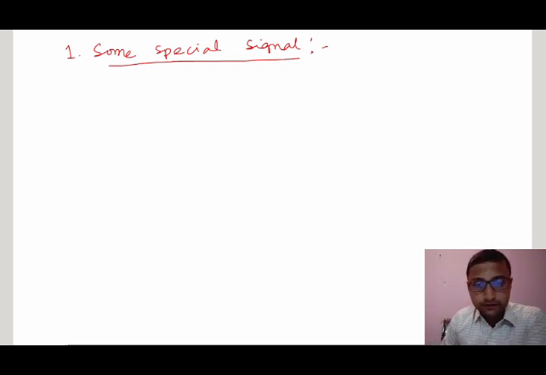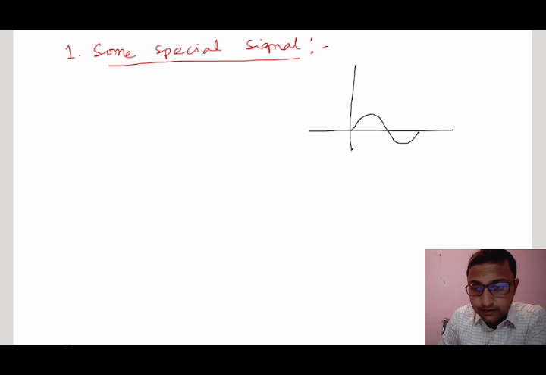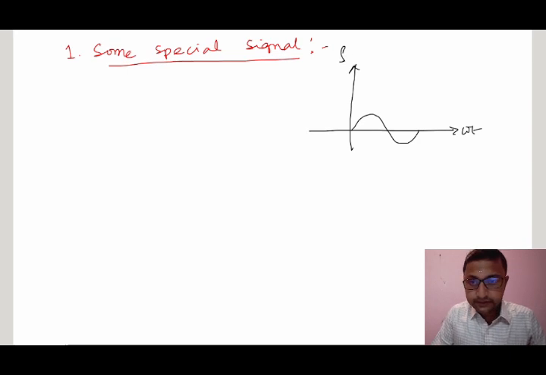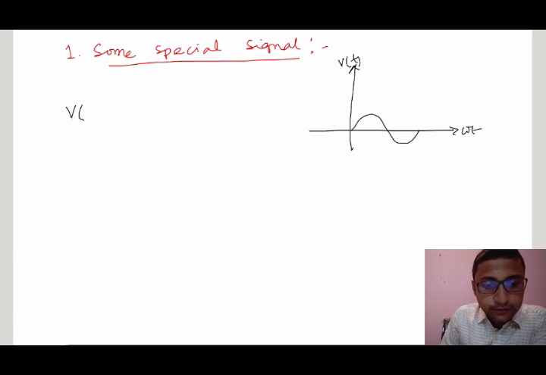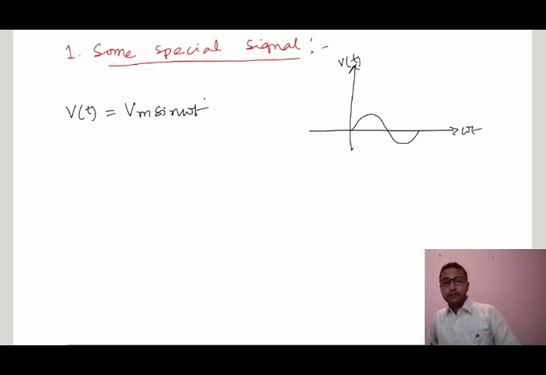Very simple. Sinusoidal signal. So this is the graph of the sinusoidal signal. This is omega t. Suppose this is the signal V(t), a supply voltage for example. So what will be the equation? The equation will be V(t) equal to Vm sin omega t, right?